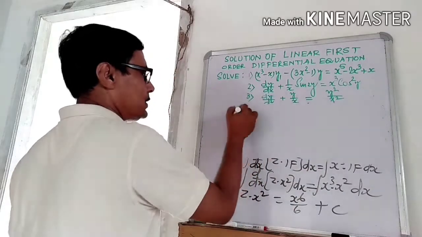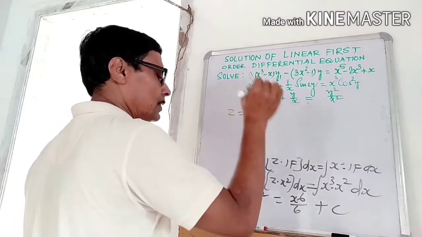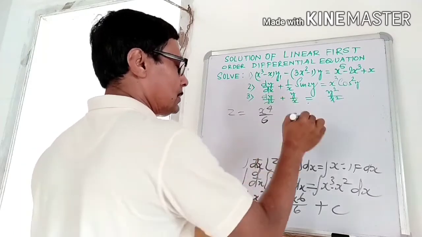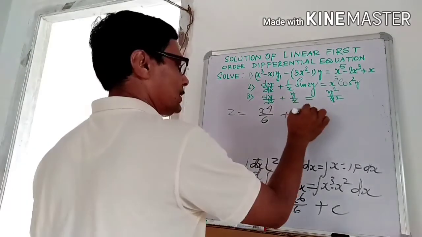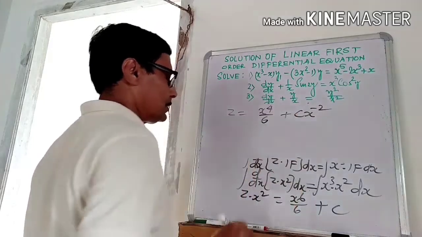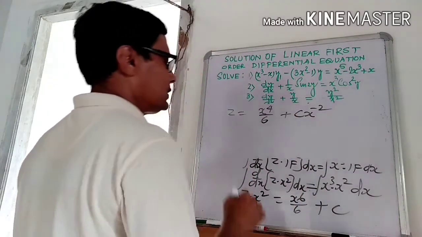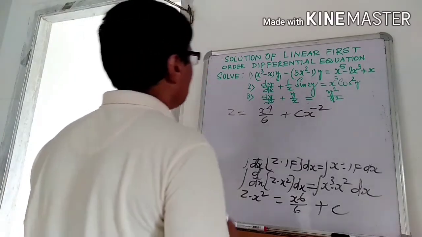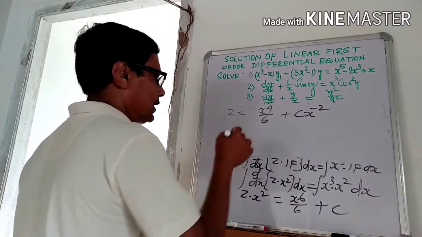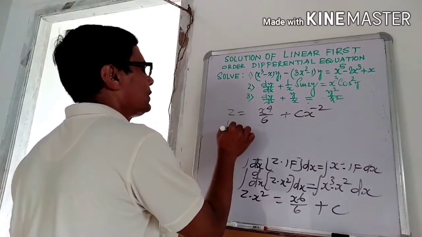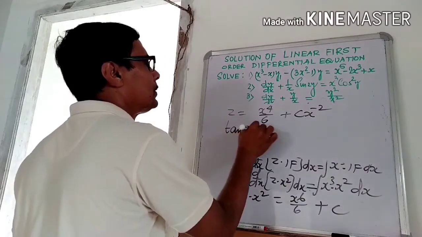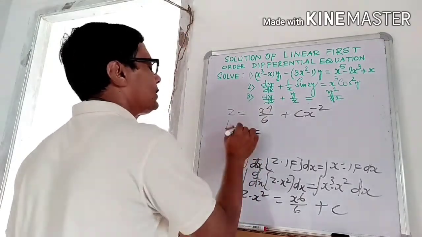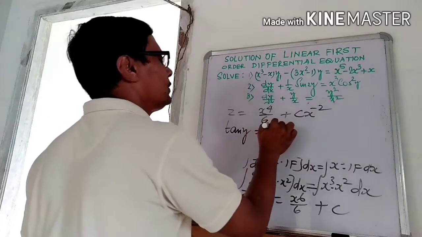So z equal to x4 by 6 plus c x to the power minus 2. And we have already chosen z equal to tan y. So tan y equal to x4 by 6 plus c x to the power minus 2.